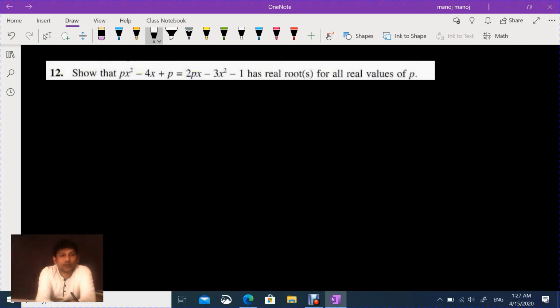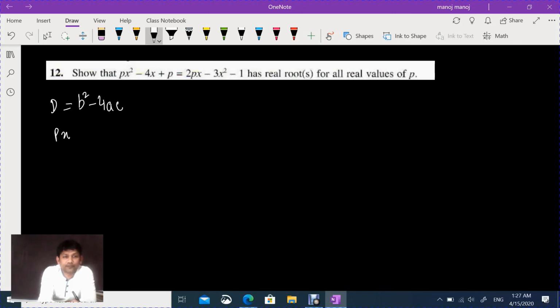Question number 12. Show that this equation has real roots for all real values of p. It means you only have to find the discriminant b square minus 4ac, because we have to prove it. First I have to arrange the equation.